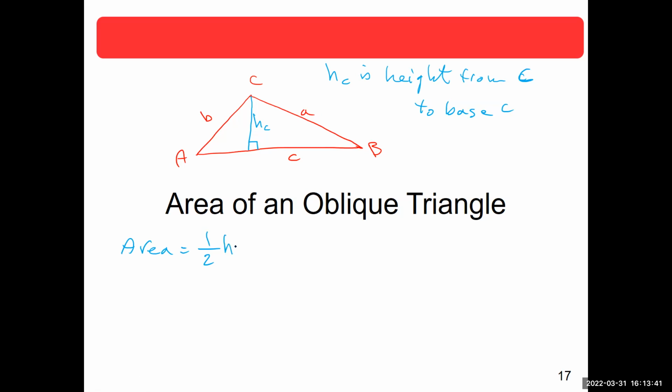For this case, area equals half HC multiplied by C. Okay, this is half base. I don't like symbols, I like meaning. Half base height or half height base. That's the area. Well, I know the value of C from the previous example.